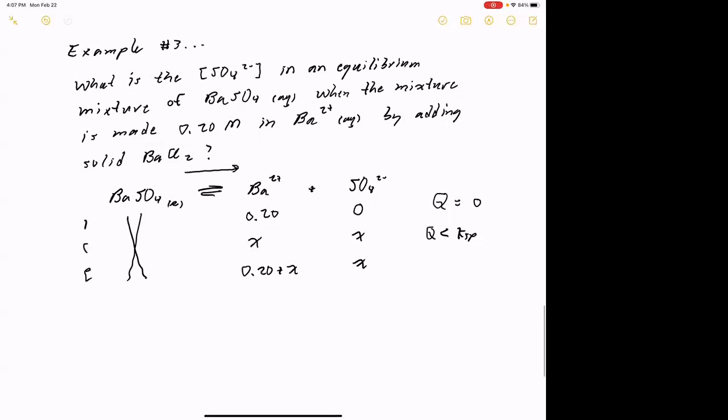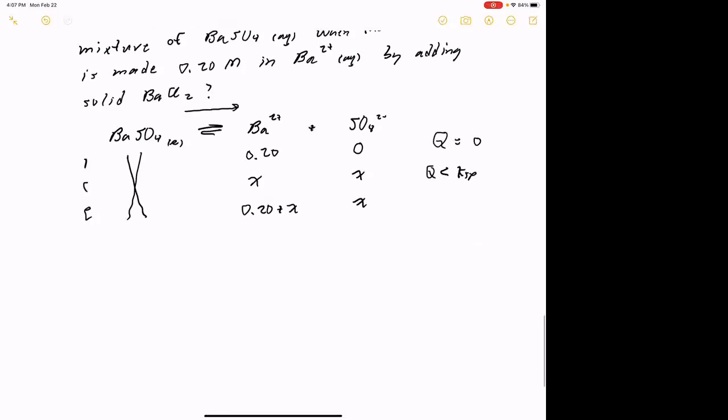So now I need an algebraic expression, right? So I'm going to plug everything back into the law of mass action, just like I did before. So let's remind ourselves of what the law of mass action looks like for this. It says that KSP is equal to my equilibrium concentration of my barium ion, which comes from my E line, times the sulfate ion concentration, also at equilibrium. So that comes from the E line.